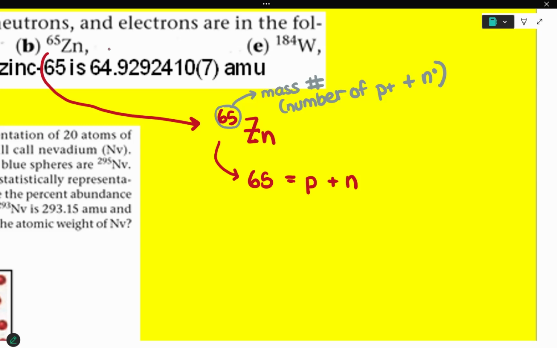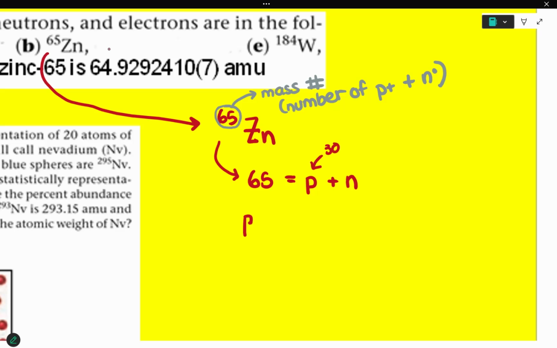So take a look, find zinc. Tell me what the atomic number is. I want you to get used to looking at your periodic table. Alice? 30. So go ahead, take a look at 30. So we know from the periodic table that we have 30 protons.